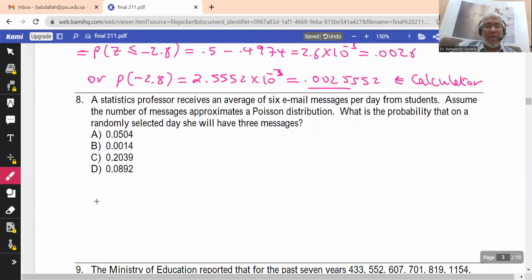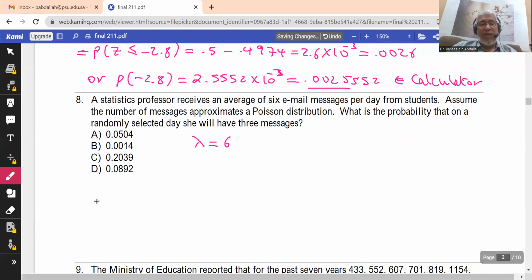Okay, number 8, a statistics professor receives an average of 6 email messages per day from students. Assume the number of messages approximates a Poisson distribution. So this is lambda, the average per segment, per one segment is 6.